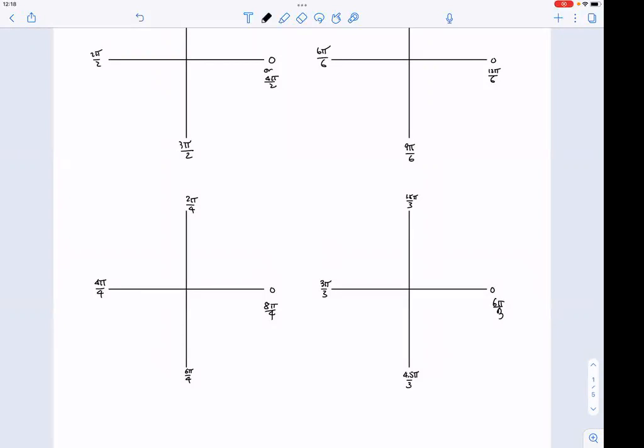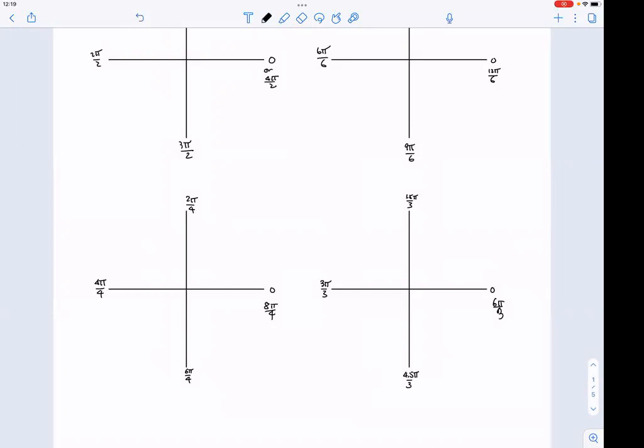Okay. Now, as I said yesterday, there are patterns. So make use of the patterns to retain the values. Okay. This will be 3 pi over 2.